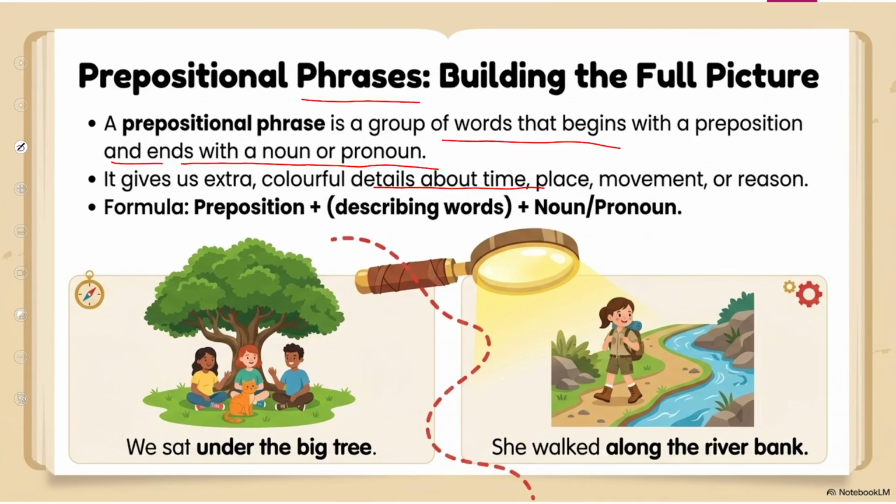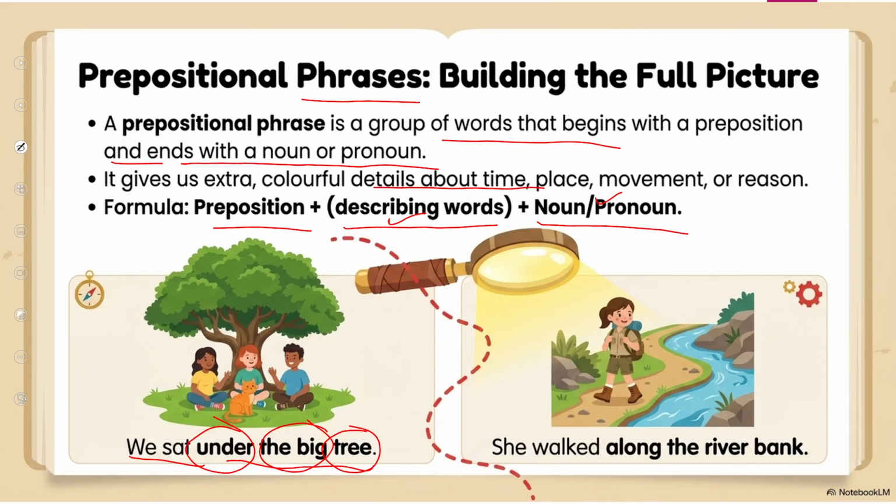And the structure of prepositional phrase is preposition, describing word plus noun or pronoun. Look at this example. We sat under the big tree. Here the word under is a preposition, and the big is describing word, and tree is noun. And this group of words is called prepositional phrase.